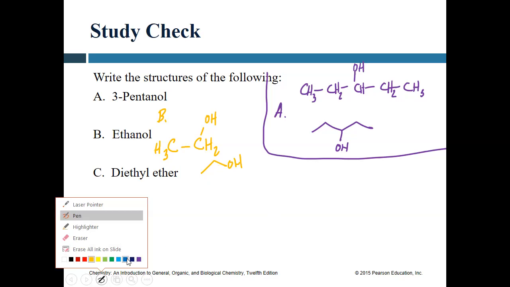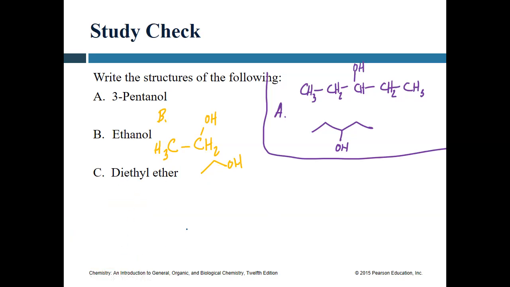All right, our last one here, diethyl ether. Remember, for diethyl ether, for any ether, start with oxygen in the middle. Since it's diethyl, that means that we have 2 ethyl groups, 1 on each side. So there's my 1 group.